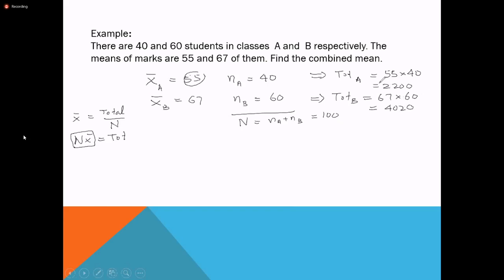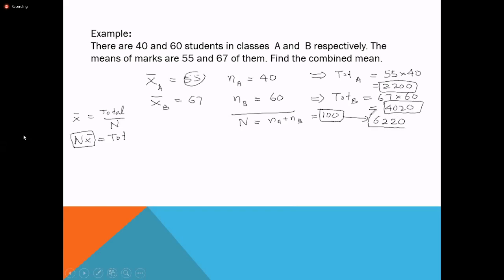This is the total of class A, and this is the total of class B students. Then what is the grand total, the total of all 100 students? Adding the totals of both groups: 2200 plus 4020 is 6220.